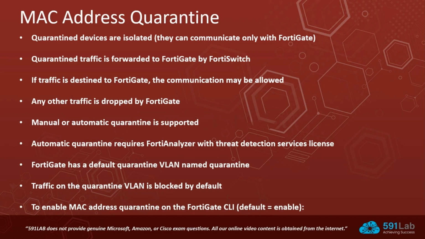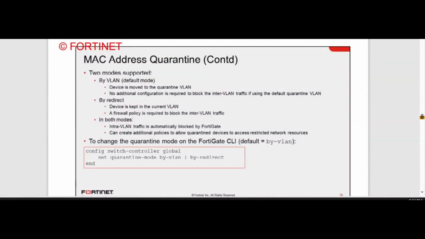The inter-VLAN traffic from the device is automatically blocked because the quarantine VLAN does not have any firewall policies configured. You may note that the device can still get an IP address through DHCP because the quarantine VLAN has the DHCP server enabled by default.